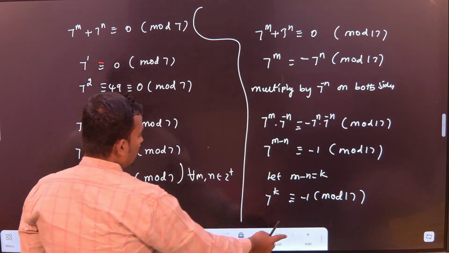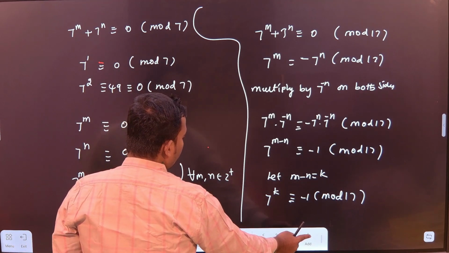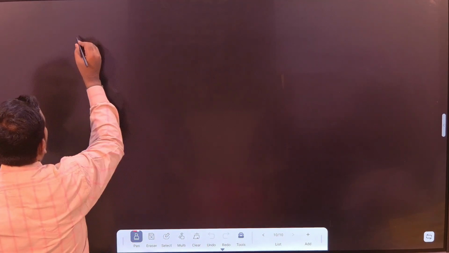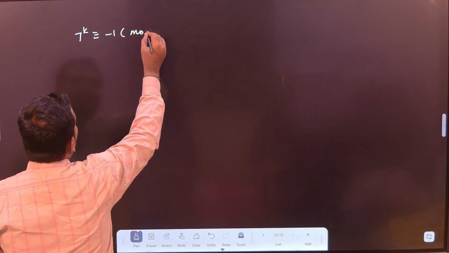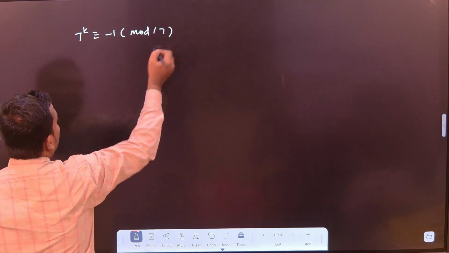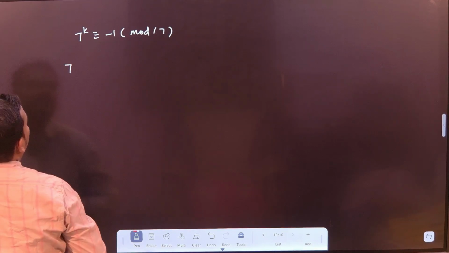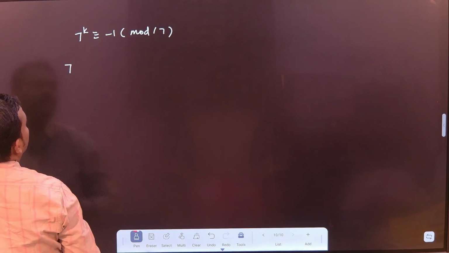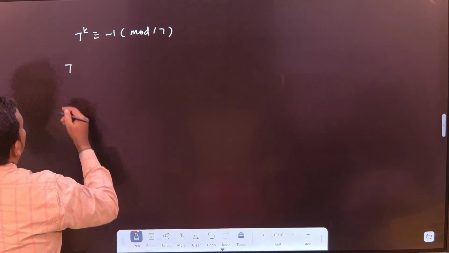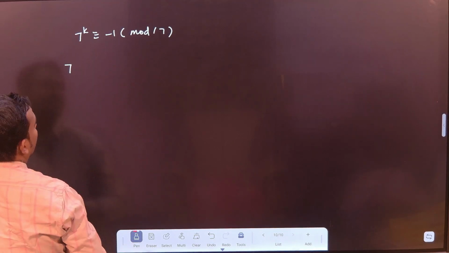Okay, so how to do this? You can see, student, 7 power k is congruent to minus 1 modulo 17. If you take 7 power 1 modulo 17, the remainder will be 7 only, right?